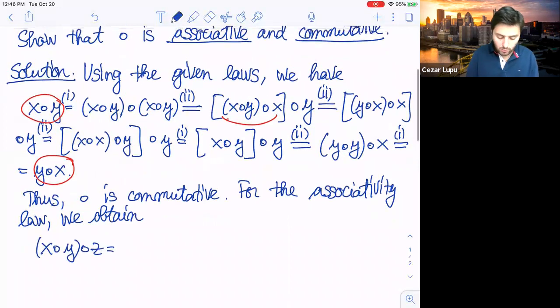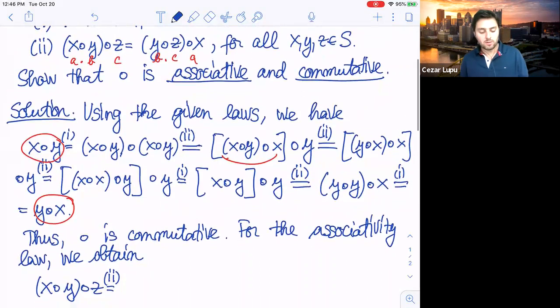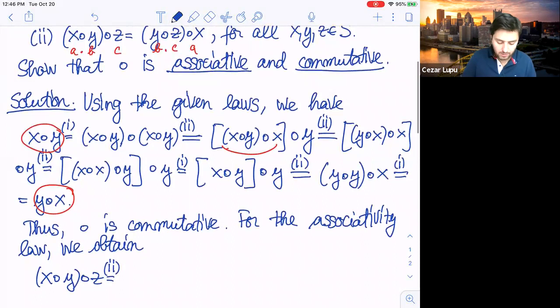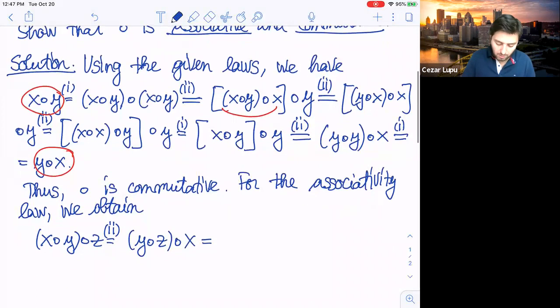And now we want to apply 2, because you see the condition 2 is almost like an associativity. If we apply 2, x, y, z will be y circ z, circ x, right? But now I will apply commutativity here.